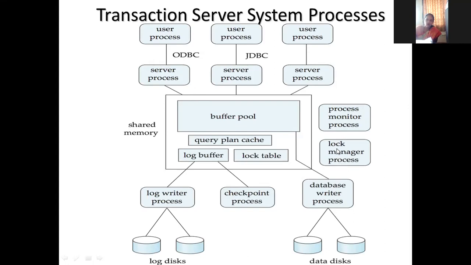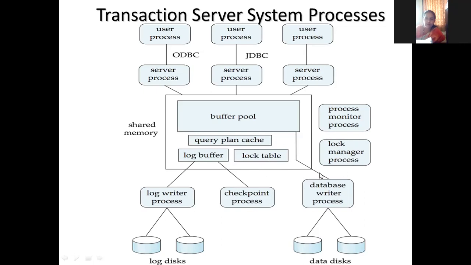What is the responsibility of the lock manager process? The lock manager process is responsible for granting and releasing the locks. You have already studied this in database management systems.